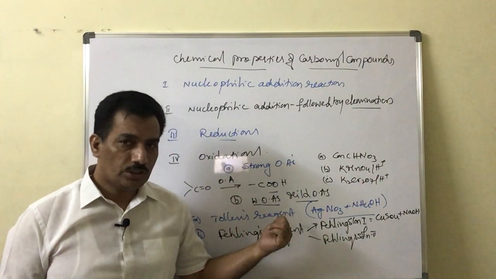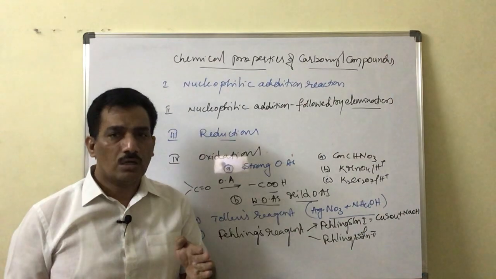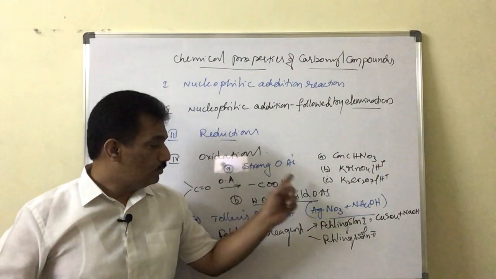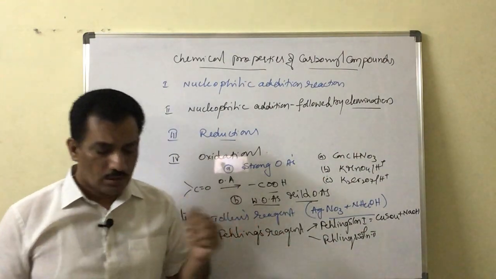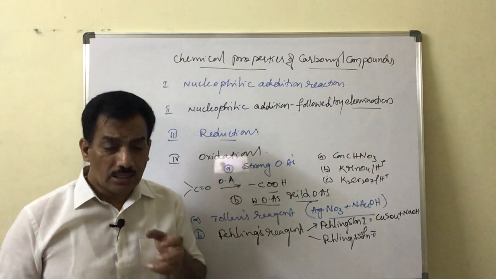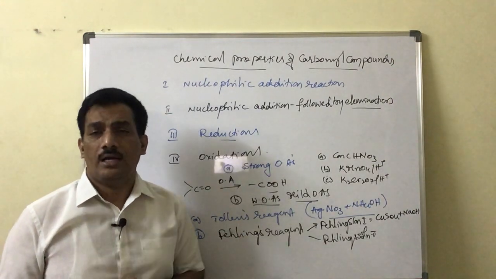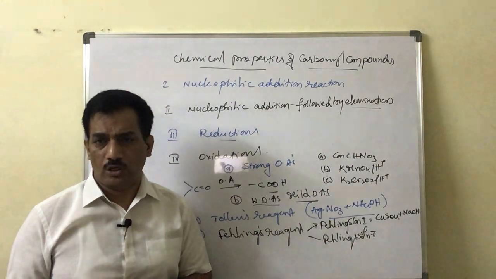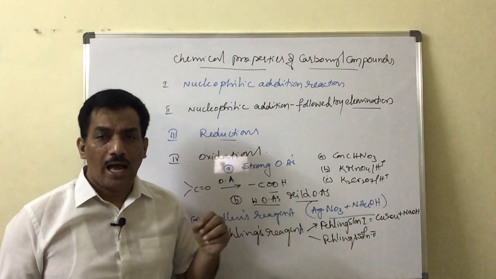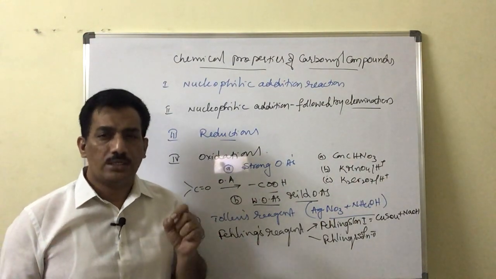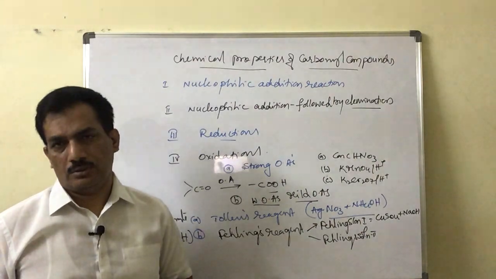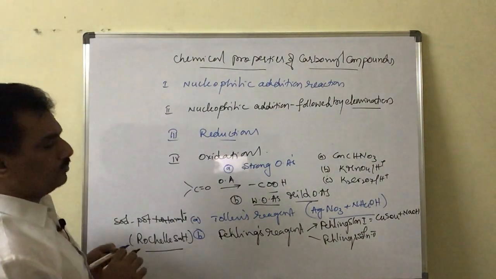But with mild oxidizing agents, ketones do not undergo any oxidation, just aldehydes will. That's why Tollens reagent and Fehling's solution are used as reagents to test aldehydes, or to distinguish aldehydes from ketones. Just remember these two reagents as the test to distinguish between aldehydes and ketones. Clear? That is about the oxidations.